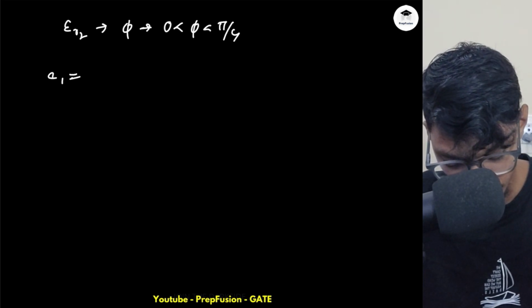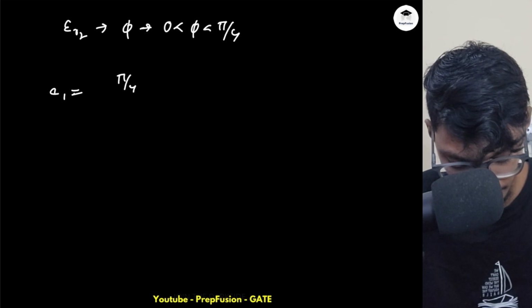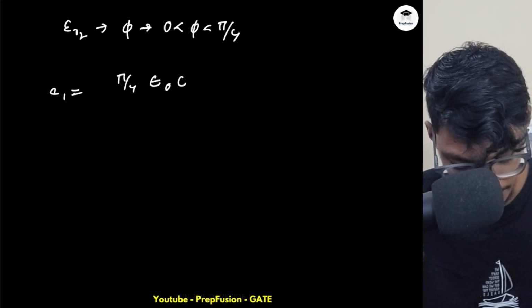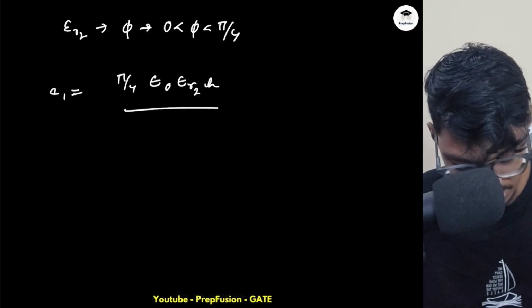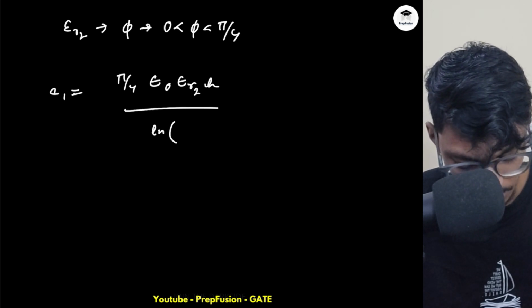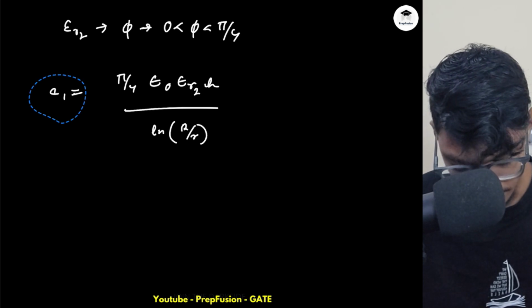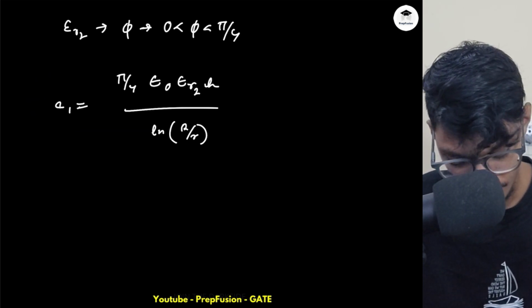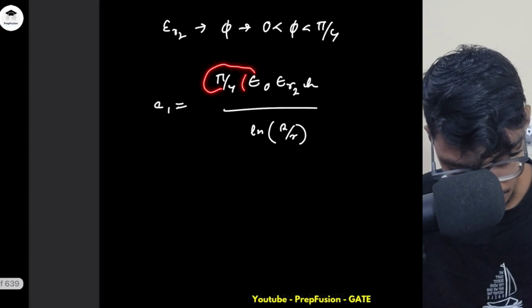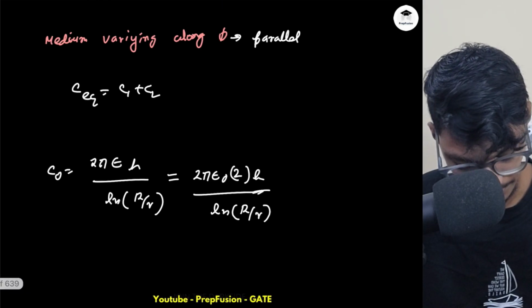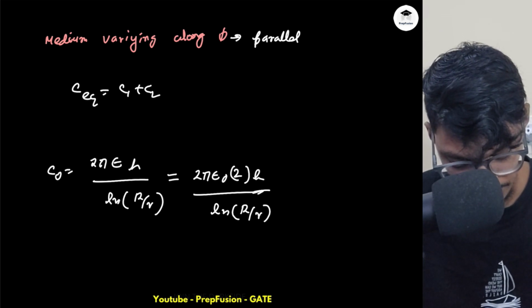So this will be what? Simply here, if you remember, phi comes, so it will be pi by 4 into epsilon naught epsilon R2 into H divided by, the bottom thing will be the same, ln capital R by small r. Now, what is this actually? Actually, I can take the constant terms outside.